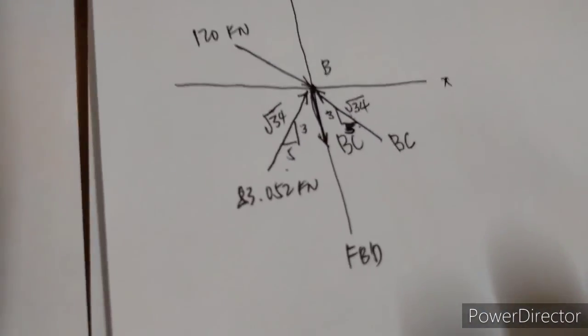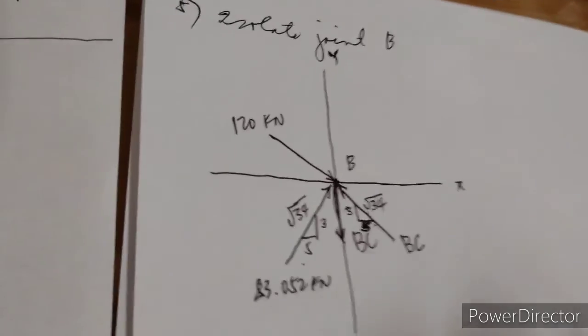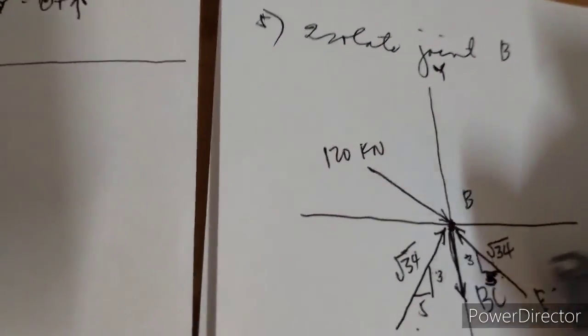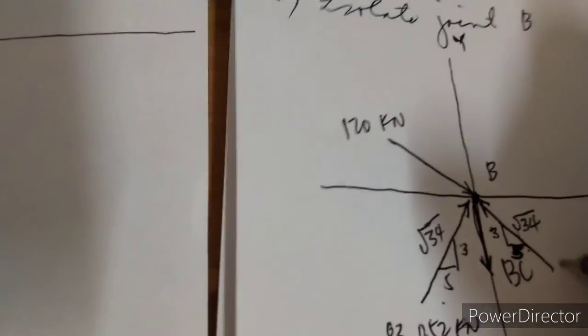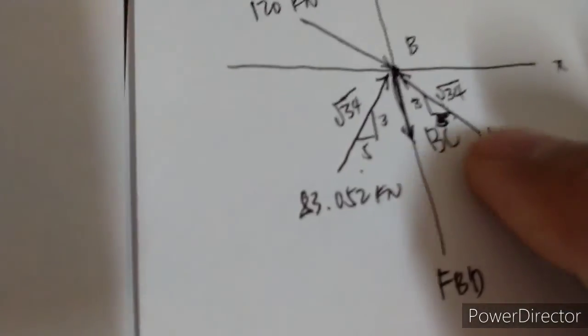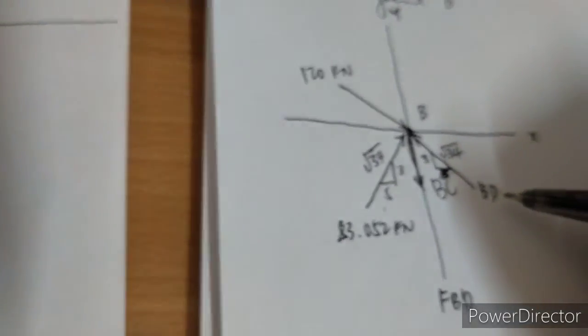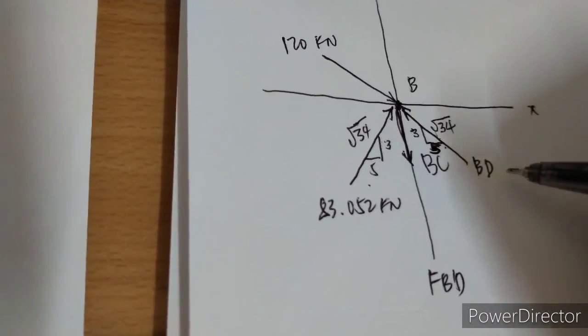So what will be easier to compute? So we have this is BD, this is BC. Okay, so if you are going to take summation forces horizontal, we have only one unknown.